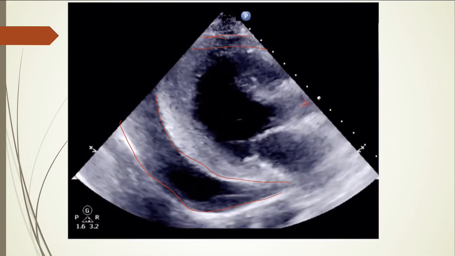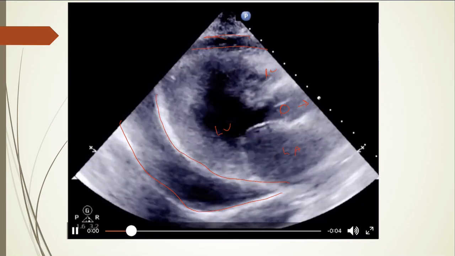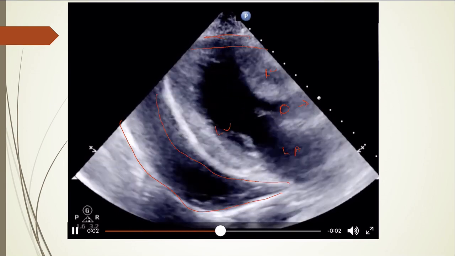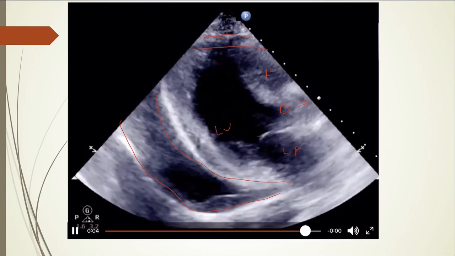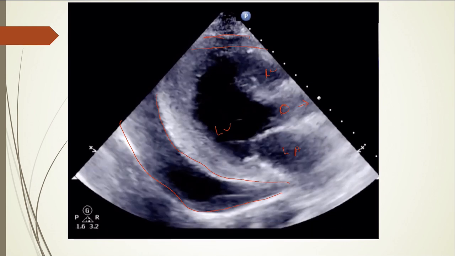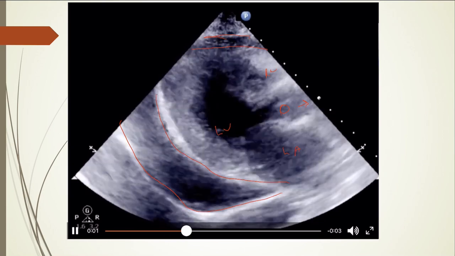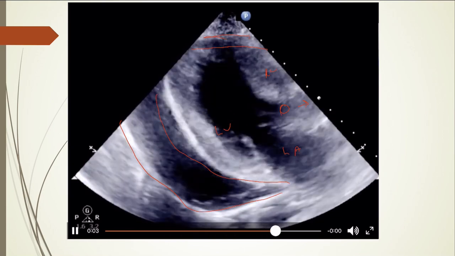It's kind of not the best, but this is the aortic outflow tract, aortic valve, left atrium, left ventricle. Your RV's up here. And you can see that that RV is collapsing. So this patient also could stand a pericardiocentesis.